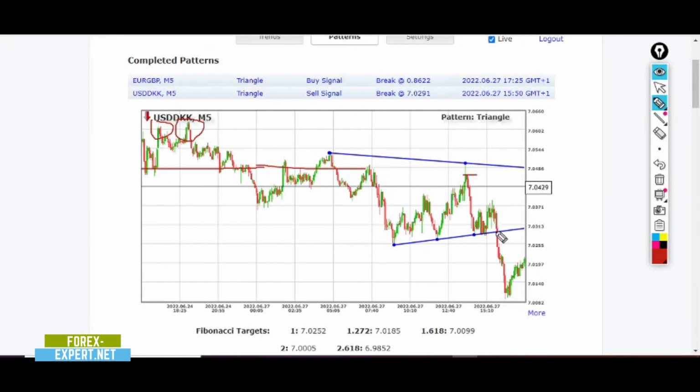The breakout was solid, no retest, going down to 6.082 from 6.291. So a huge trade, and it happened in the afternoon, because the signal was at 15:50 Greenwich time +1. So in about 1 hour, you were banking a lot of money, of course.